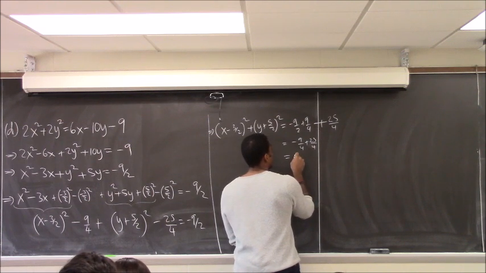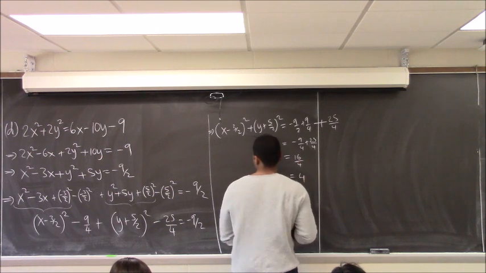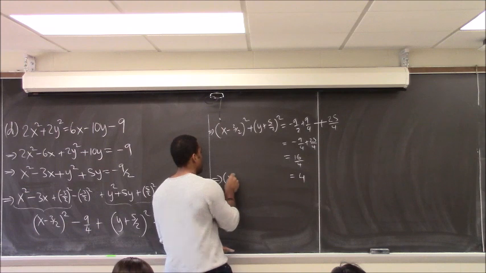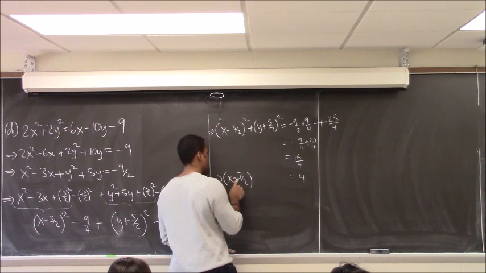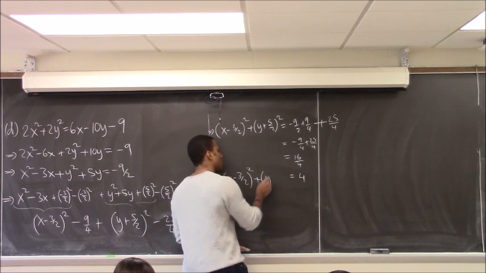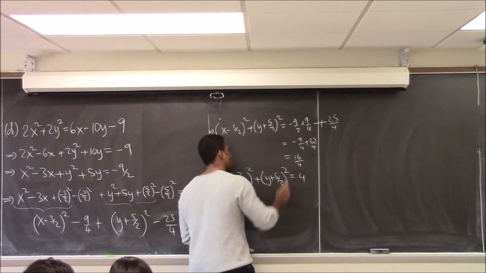16 over 4, which is just 4. So we end up with x minus 3 over 2 squared plus y plus 5 over 2 squared equals 4.